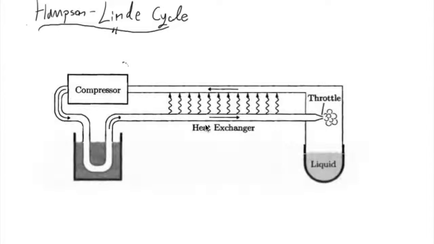So in this diagram we see over here, we have a compressor. Way over here. And I got the program to work. So we have a compressor, which is pumping the gas. This is where the work is being done. It's flowing through. We have a cool bath right here that it's going through.